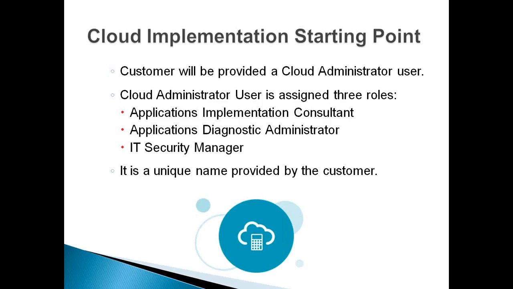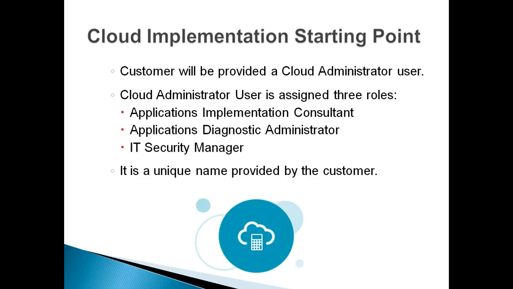So, for example, we are implementing Oracle HCM. The person or the group of persons from Oracle will first come and provision the Fusion Applications, or the HCM cloud applications, and one user, that is the cloud administrator user, will be created.